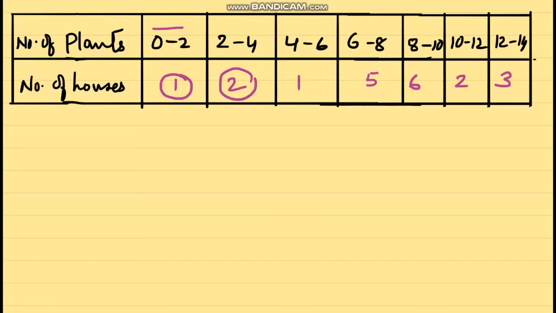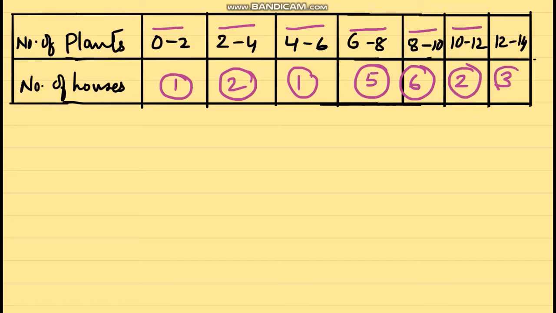Two houses have planted from 2 plants to 4 plants. One house has planted from 4 to 6 plants. 5 houses have planted 6 to 8 plants. 6 houses have planted 8 to 10 plants. 2 houses have planted 10 to 12 plants and 3 houses have planted 12 to 14 plants. Now you have to find the mean number of plants.